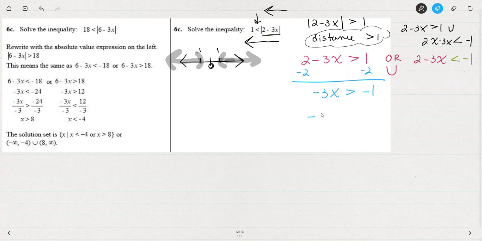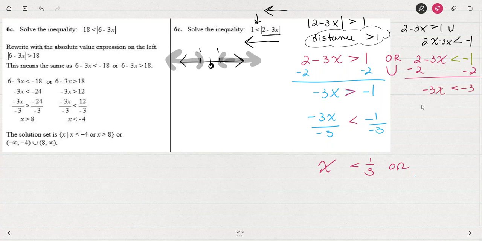Now be careful here. When I divide by a negative 3, this greater than has to flip to a less than. Whenever you divide by a negative, it flips. So x is less than 1/3, or if I solve this for x, so subtract 2, negative 3x is less than negative 3.